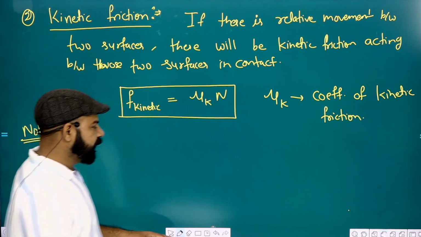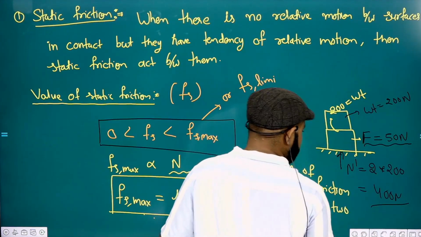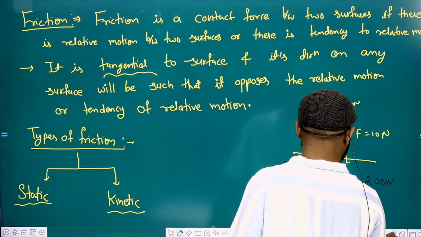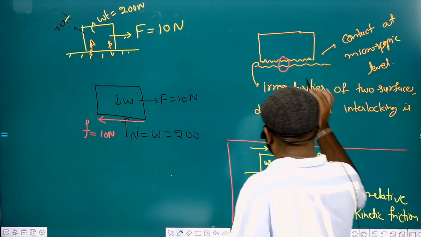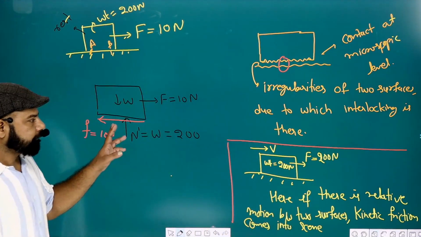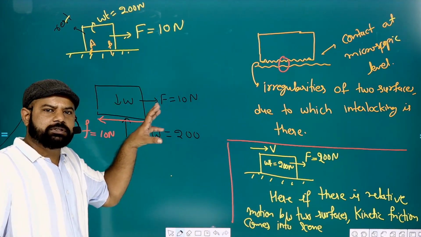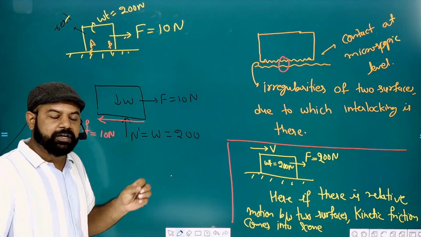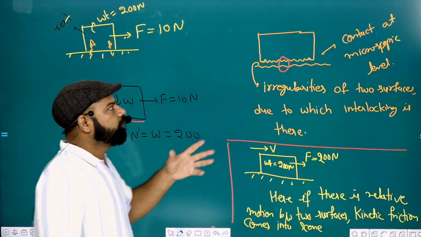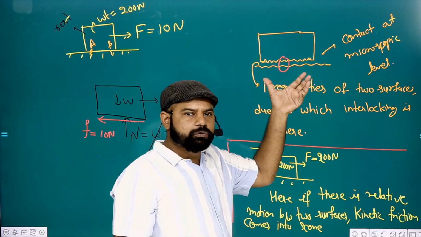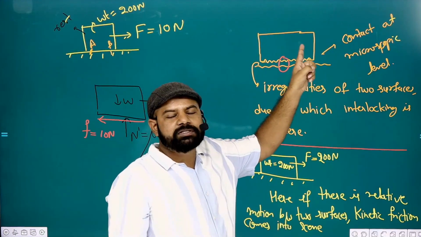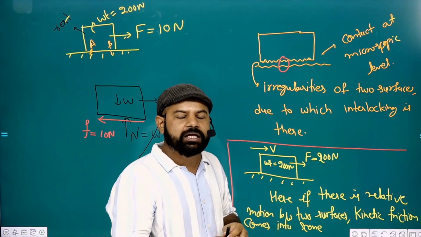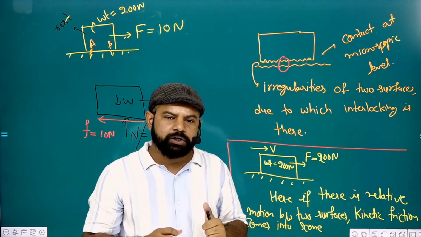So practically you must have seen this, here the minimum force required to move that block will be equal to that limiting friction, that is mu s into N. So if there is some interlocking between those two surfaces, there will be some minimum force required to move this block over this surface, that will be simply equal to mu s into N.